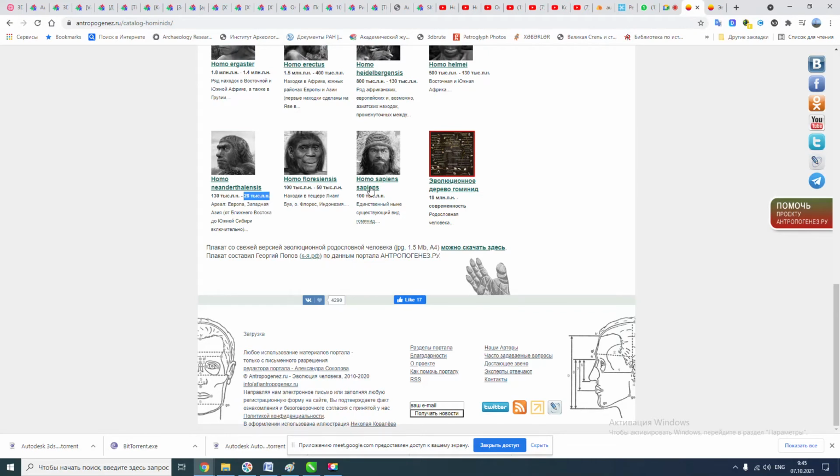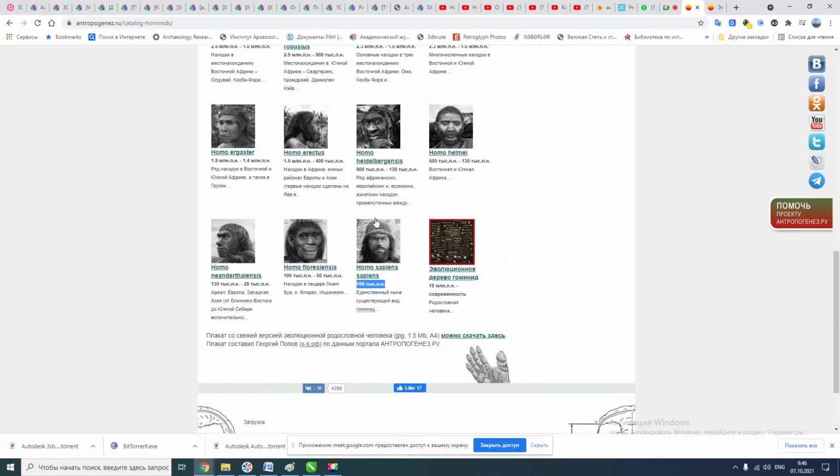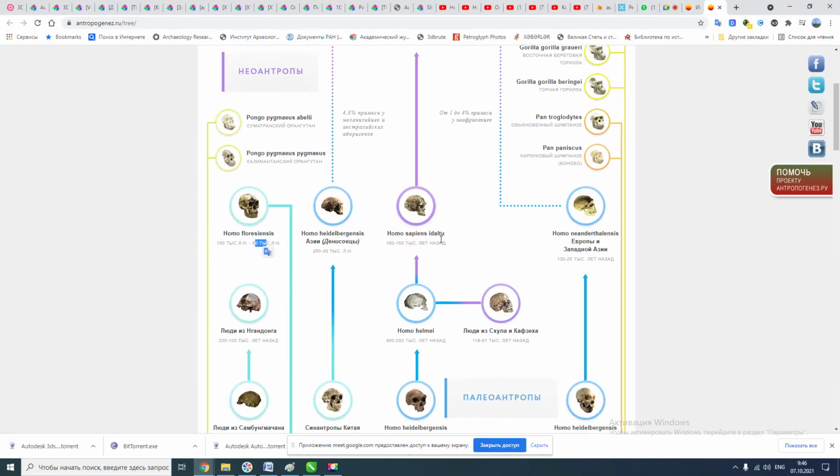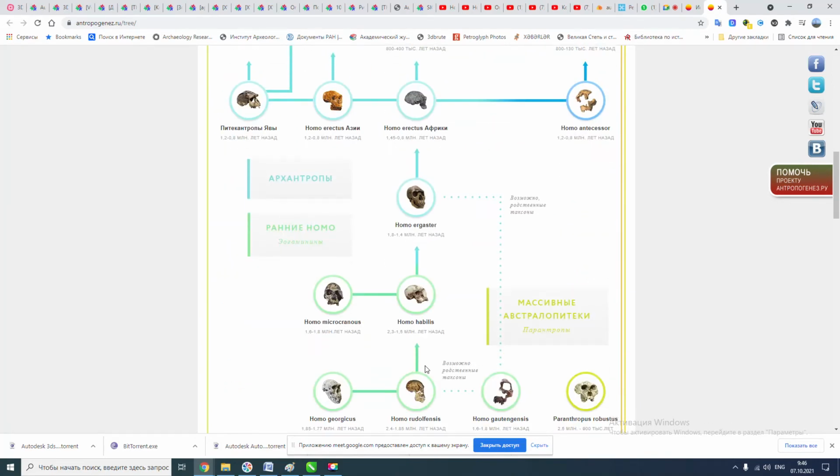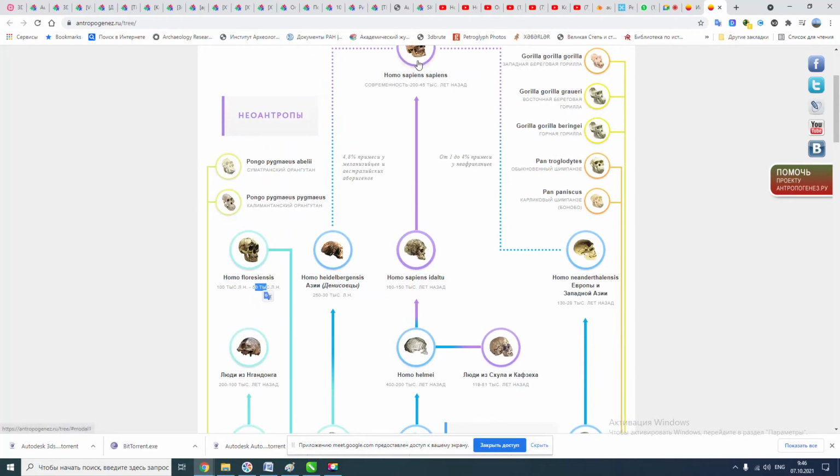As you see, Homo sapiens was formed 100,000 years ago. We evolved from this to this, understand?